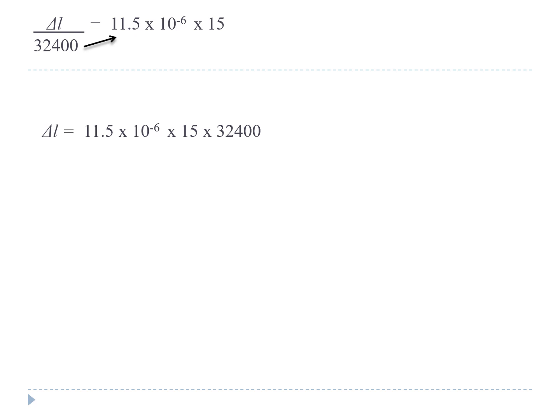Now this is simple multiplication. I'm going to multiply from the right hand side. So I'm multiplying 15 and 32,400. So I get delta L is equal to 11.5 into 10 raised to minus 6 into 4,86,000. This is what I have got.